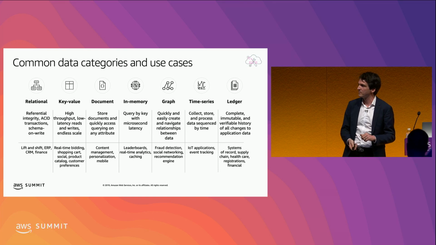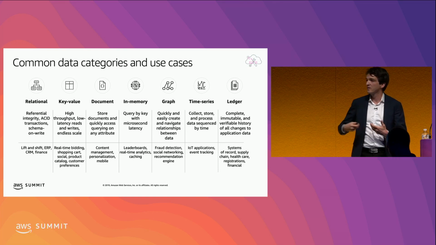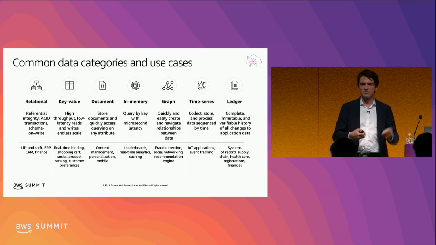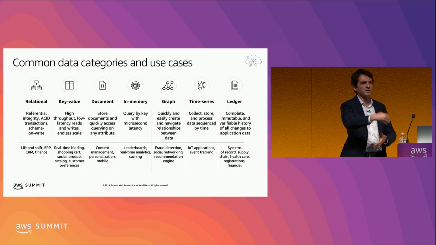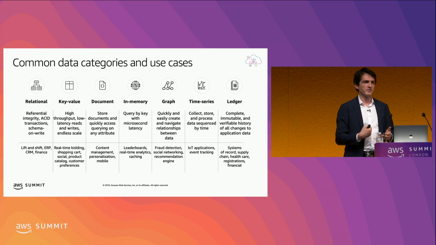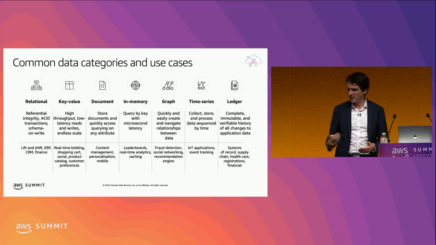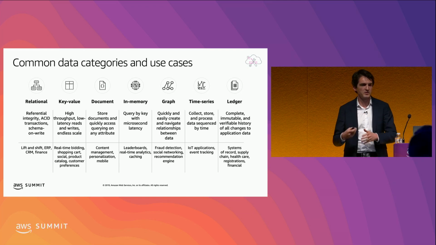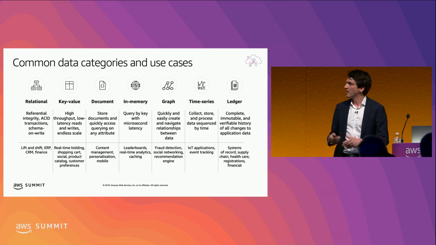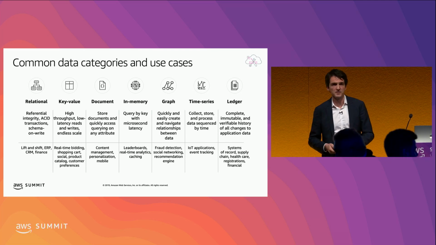So if you have order management, just use relational with strong consistency. Or if you want to scale very high, use a key-value store backed by DynamoDB. And we have new use cases. So let's see how it looks from the AWS services perspective.